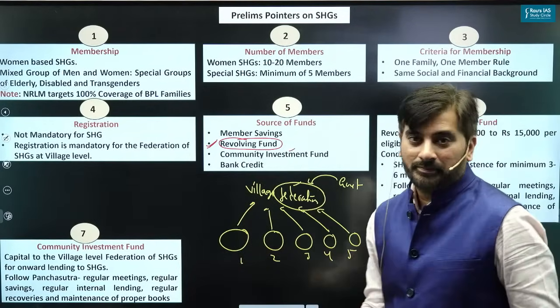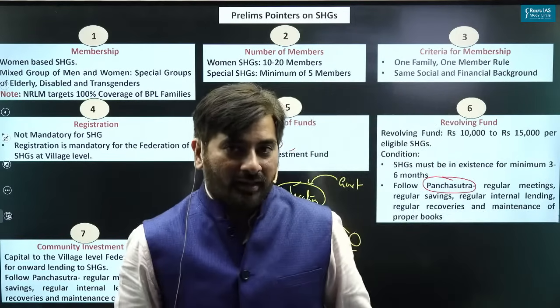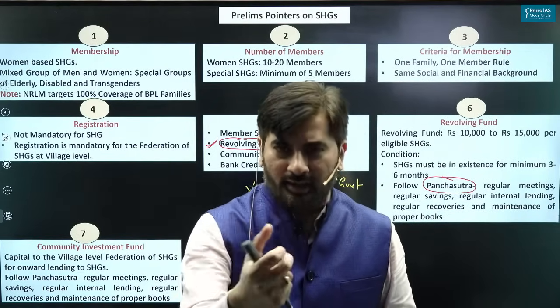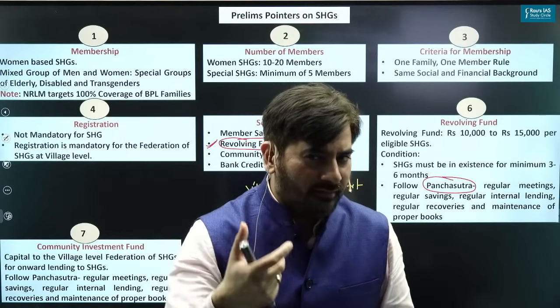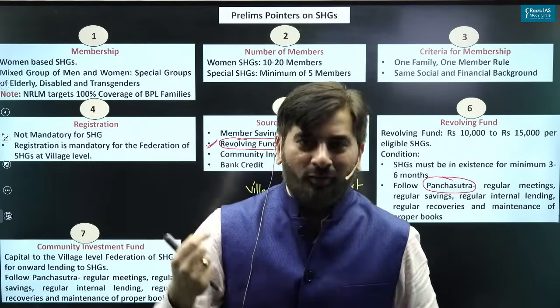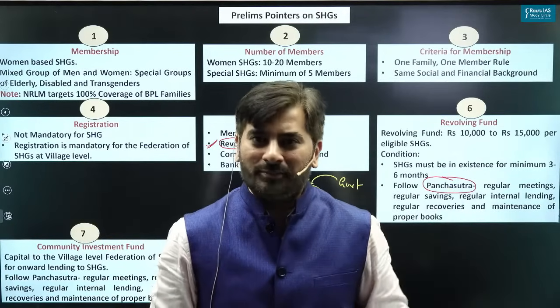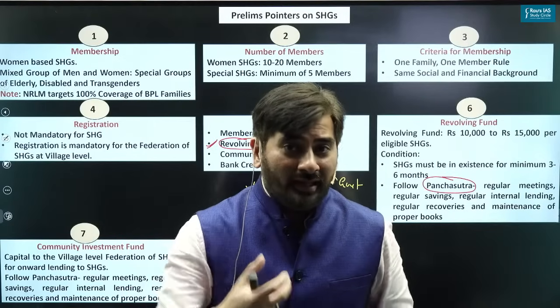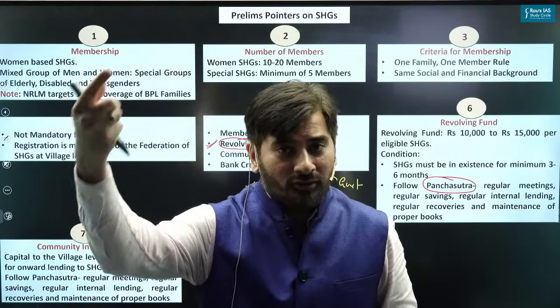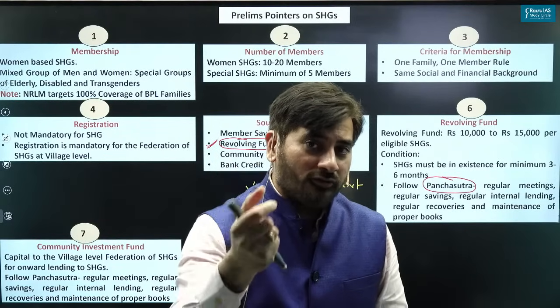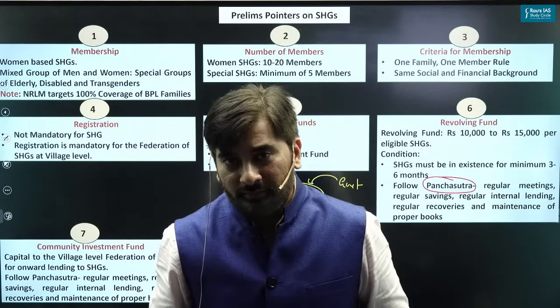Bank credit. What is bank credit? Once an SHG is formed, once it is in operation for at least 3 to 6 months, and is following Panchasutra, it has got revolving fund, it has got community investment fund. So when we think that the SHG is matured, then these SHGs are linked to the banks, and banks will in turn give loans or credit to these SHGs.